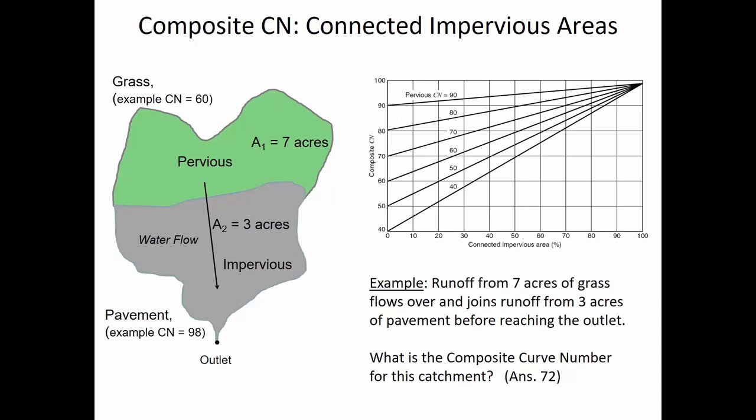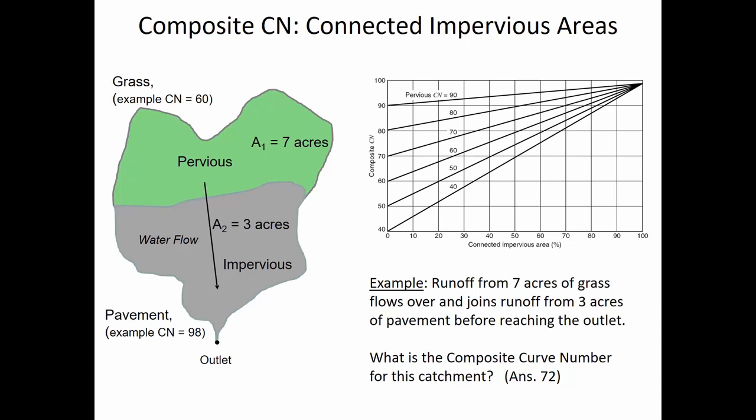But downstream of the pervious area is some impervious surface, so meaning asphalt, concrete, or it could be buildings with roof area. So in this illustration, let's just take as an example pavement that has a curve number of 98 down here in the impervious area, and then up top let's assume that it's grass with a curve number of 60.